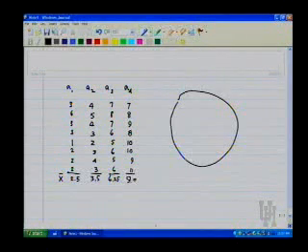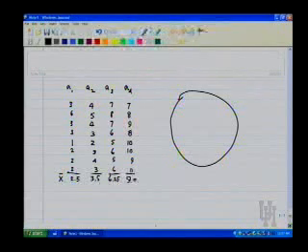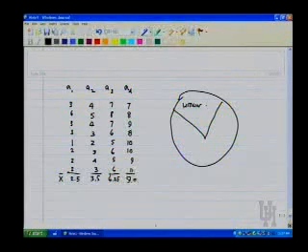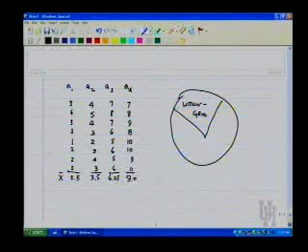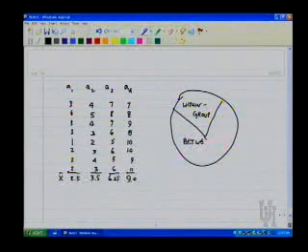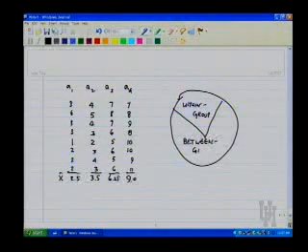If we imagine that this represents all of the variance in these individual scores, analysis of variance partitions that variance into within group variance and between group variance.